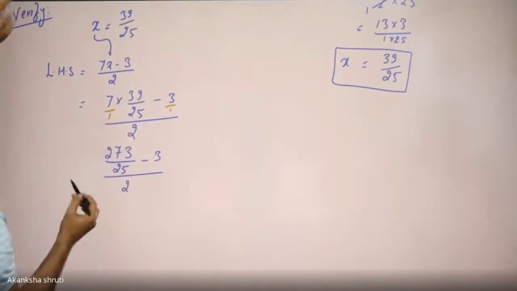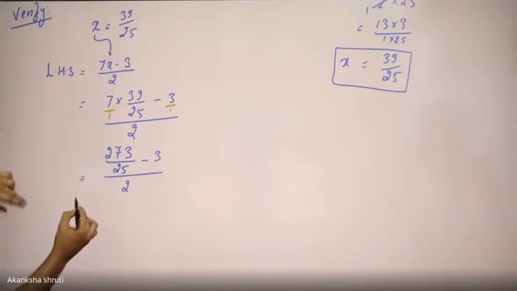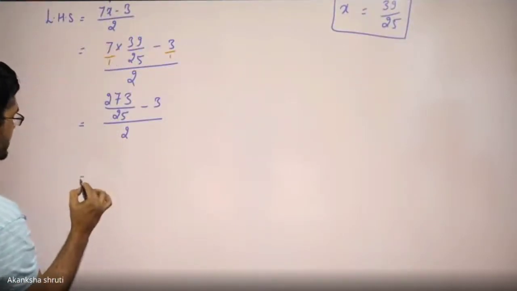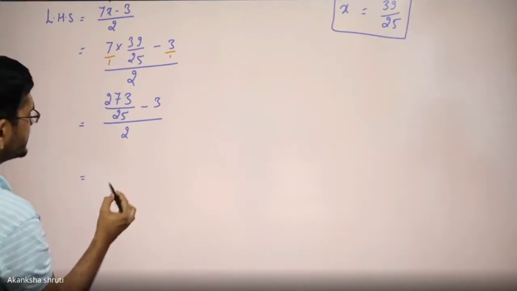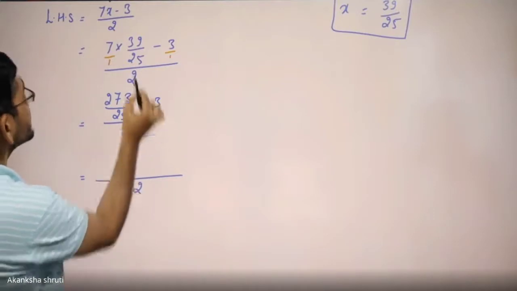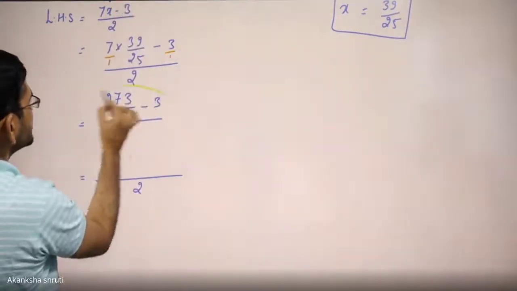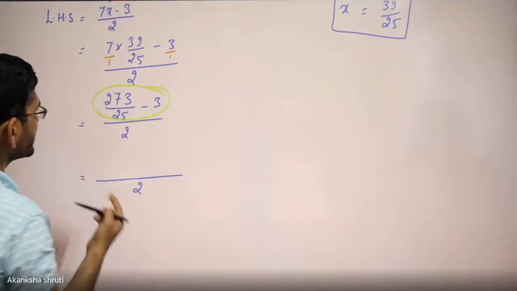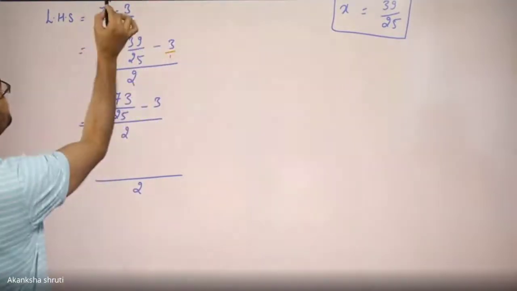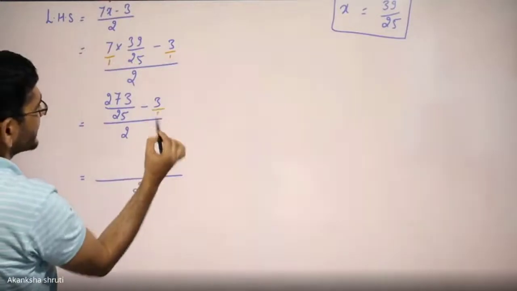Okay, step by step let me do, so that you can understand. No mistake should be there. Divided by 2 is already present there, but first we need to simplify this numerator. For simplifying, one is a fraction and the other one is 3, which is 3 by 1 that we have to take.